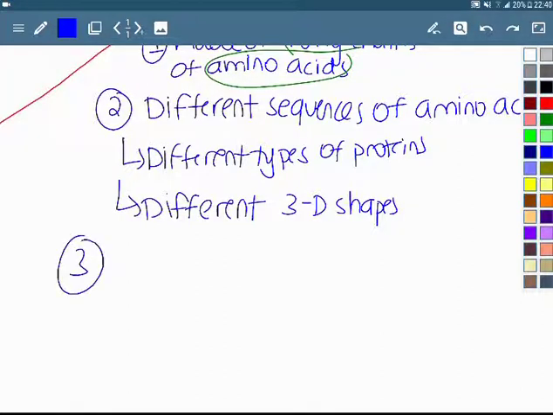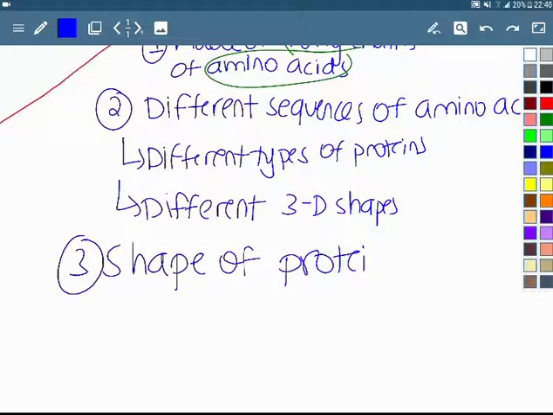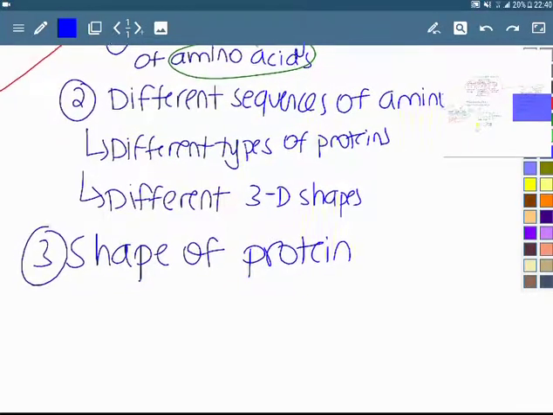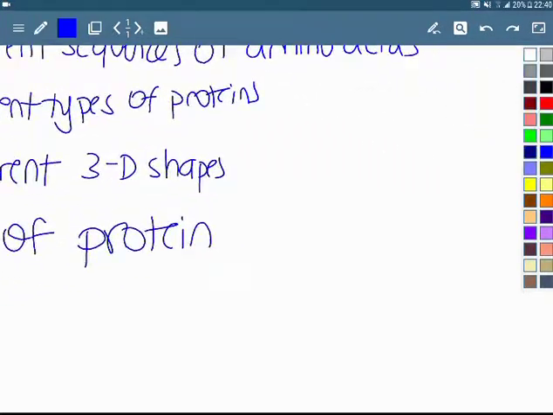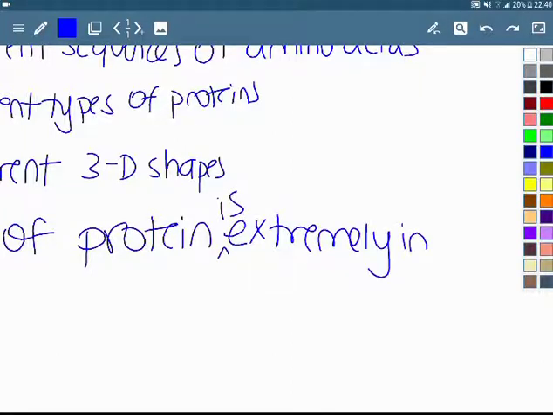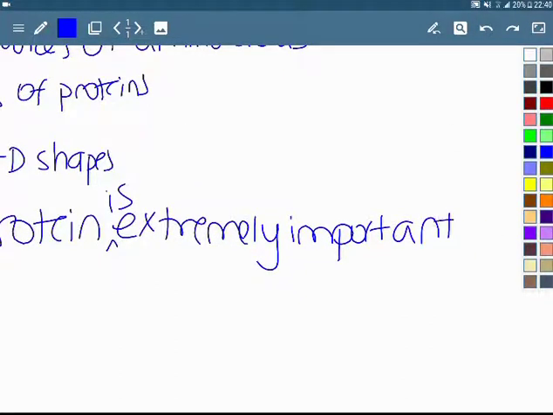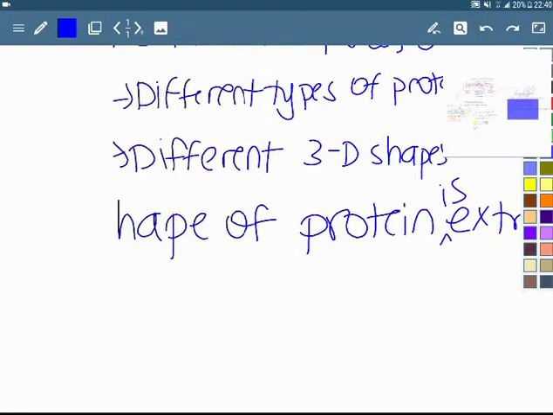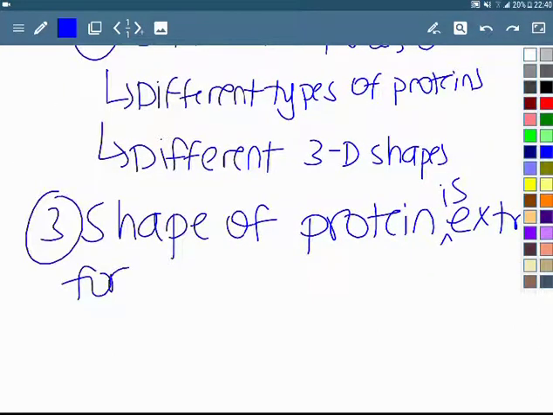Shape of protein. Third point. Shape of protein. It's important. Is extremely important for their function.